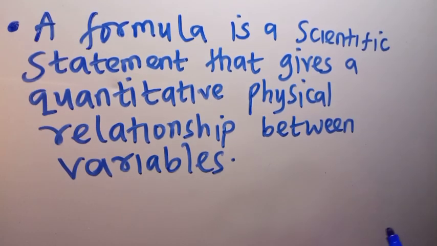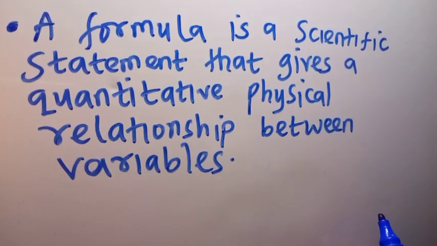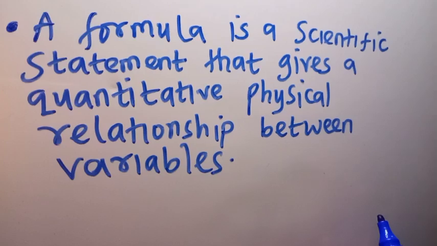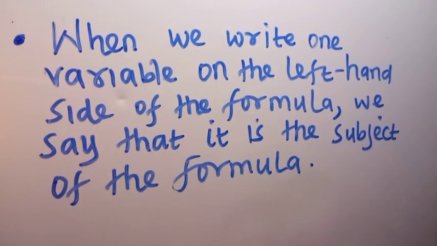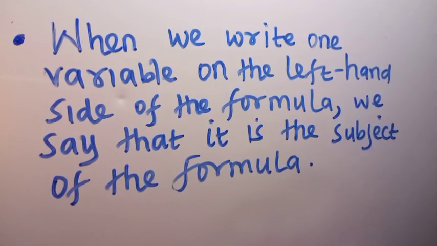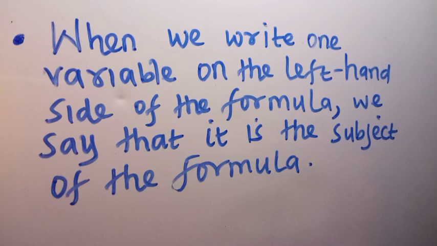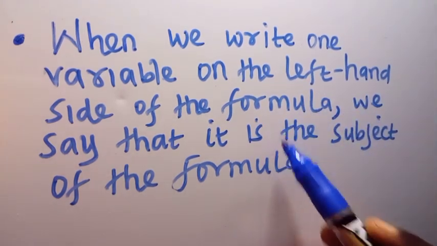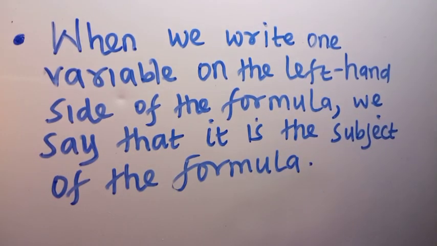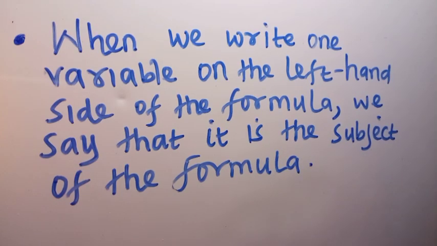Secondly, when we write one variable on the left-hand side of the formula, we say that it is the subject of the formula. Now, that marks the end of formulae.